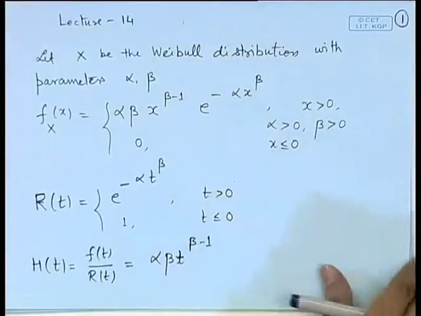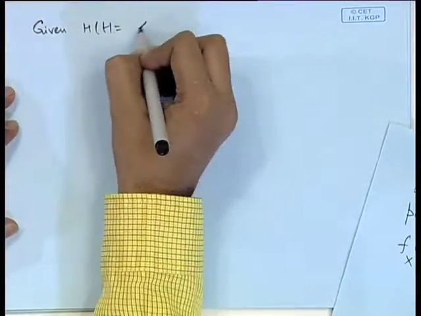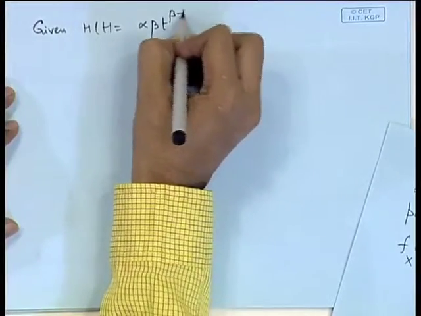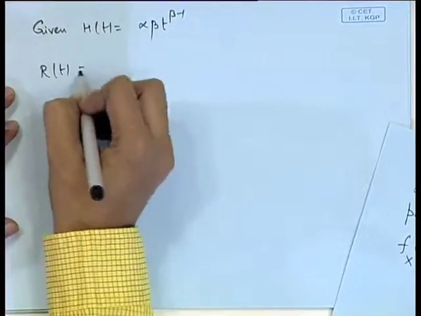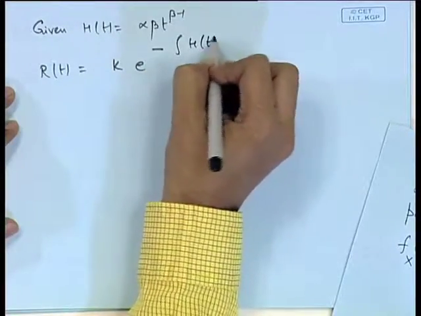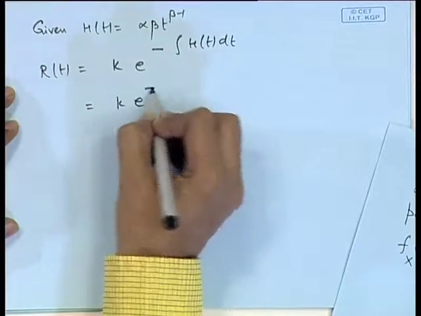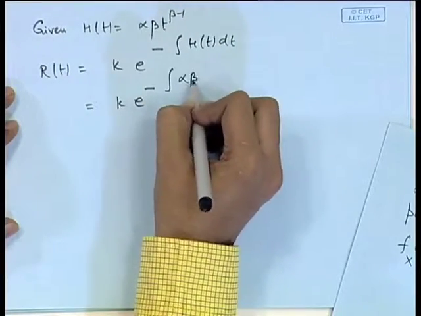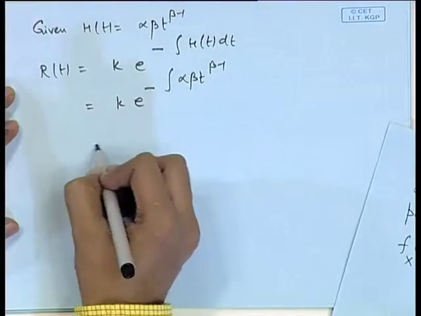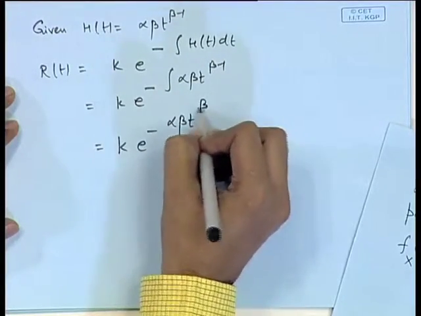in the following way. Given h(t) equal to alpha beta t to the power beta minus 1, R(t) is equal to k e to the power minus integral h(t) dt, that is equal to k times e to the power minus integral alpha beta t to the power beta minus 1, that is equal to k times e to the power minus alpha t to the power beta.